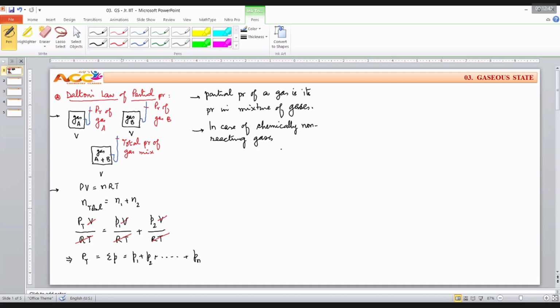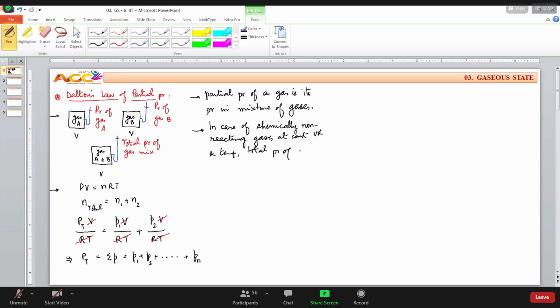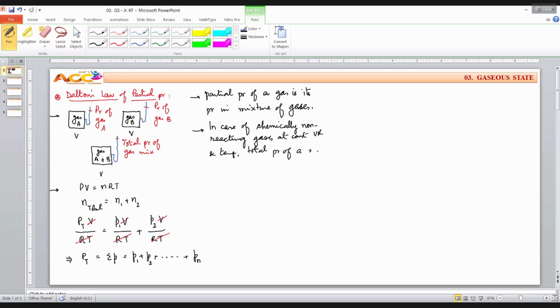Therefore, in case of chemically non-reacting gases at constant volume and temperature, total pressure of a gaseous mixture is sum of their individual pressure.